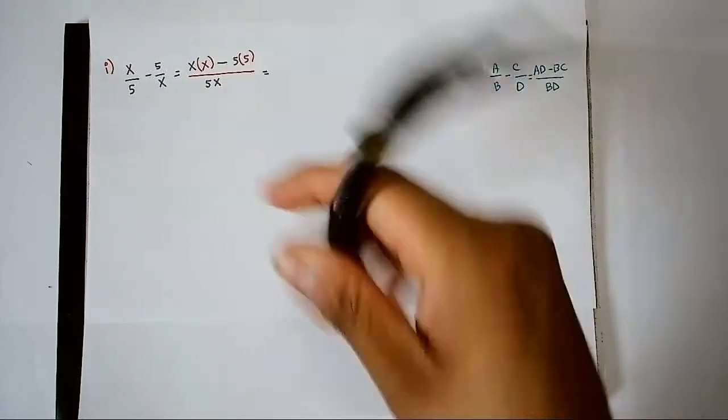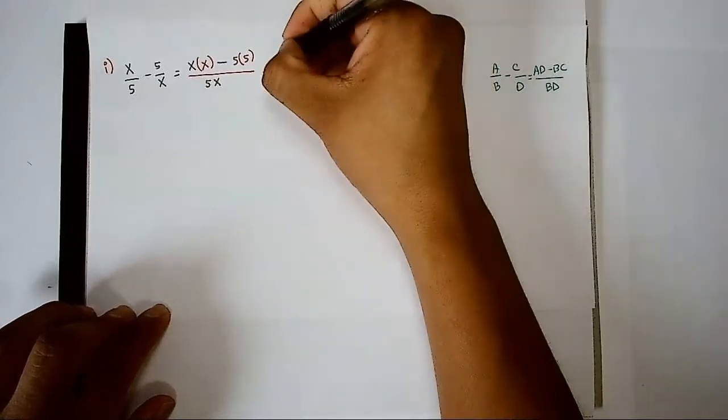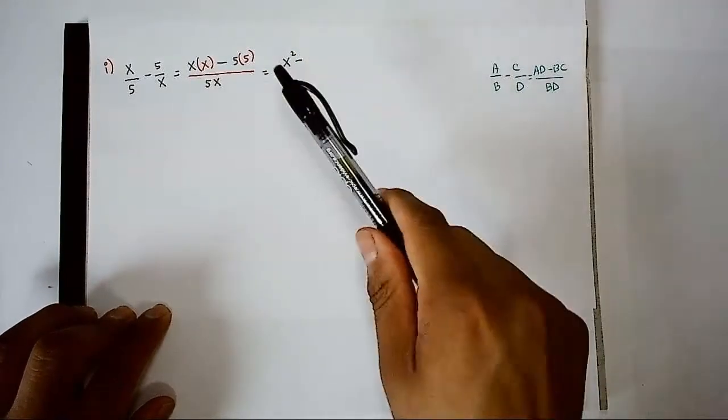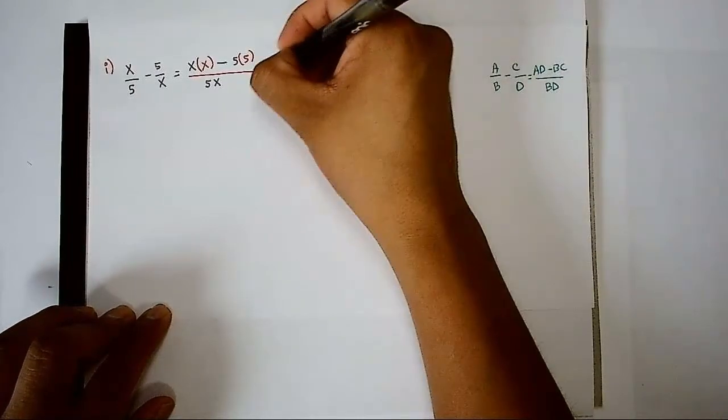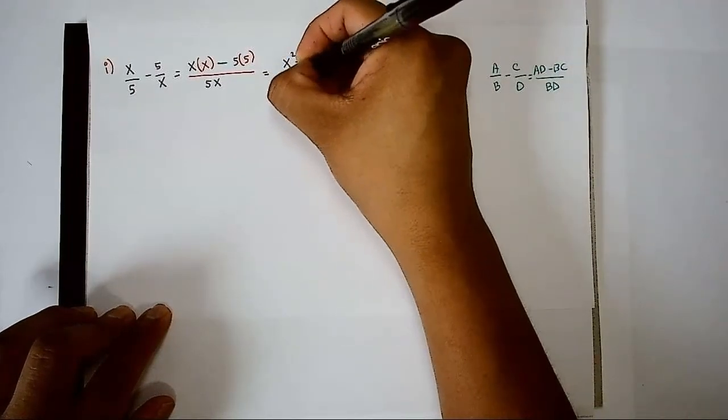And this is equal to x times x is x squared minus 5 times 5, 25, divided by 5x.